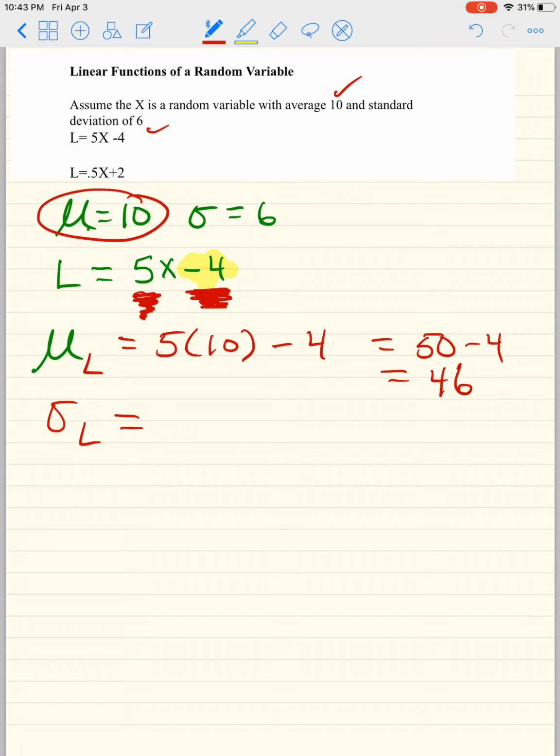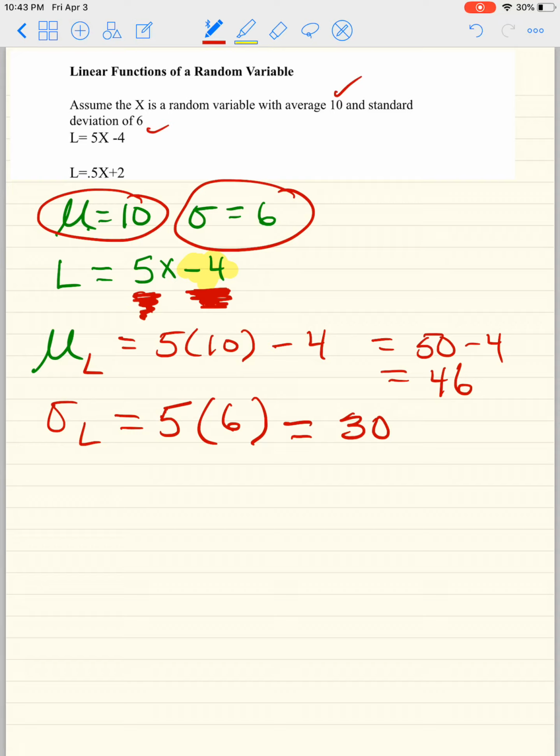So I'm going to take 5 and times it by this guy here, and that's going to be 30. Now, I really should have said we should talk about the variance first, because that's actually really important. But because this is only one variable, it's going to reduce to the same value.